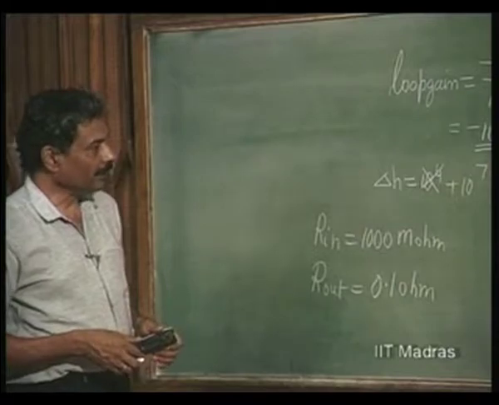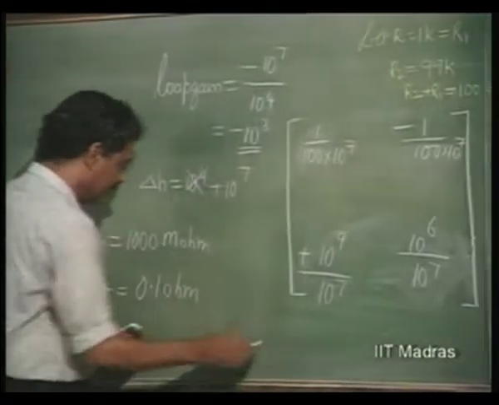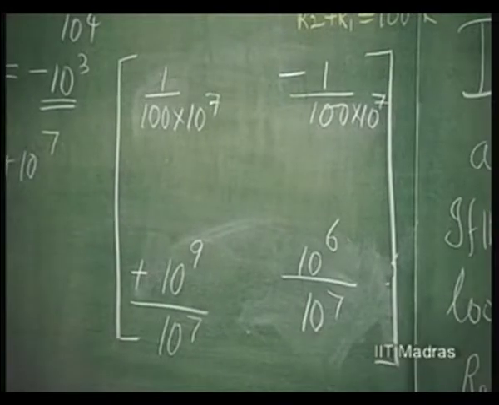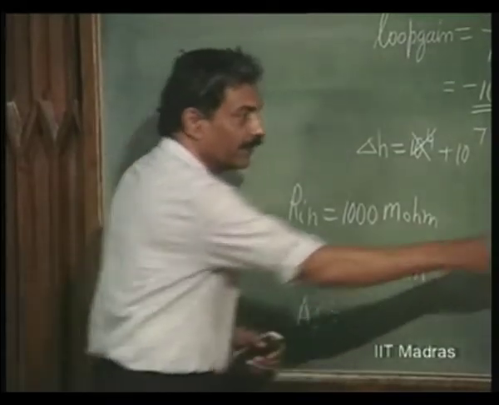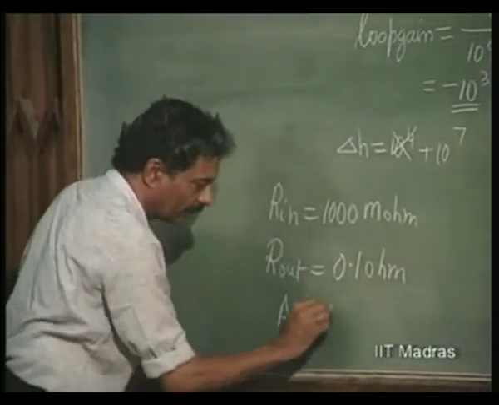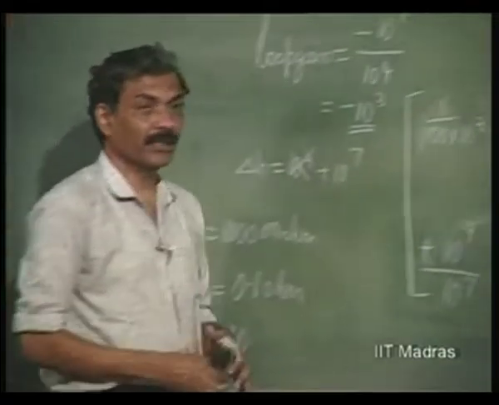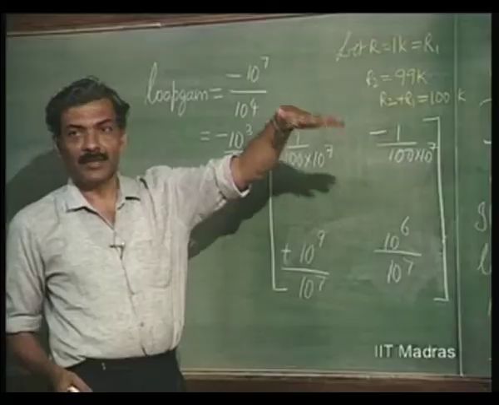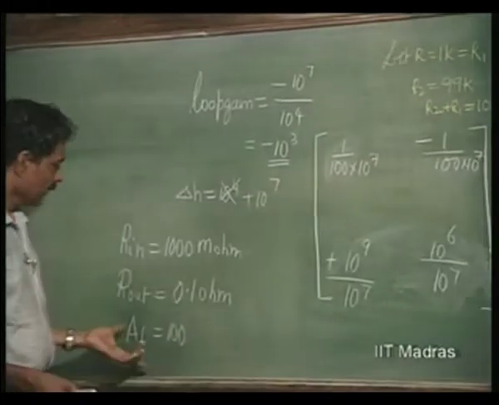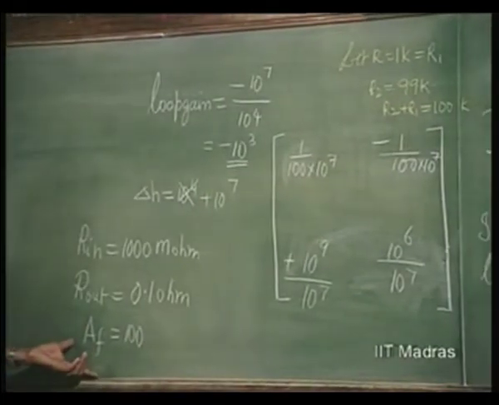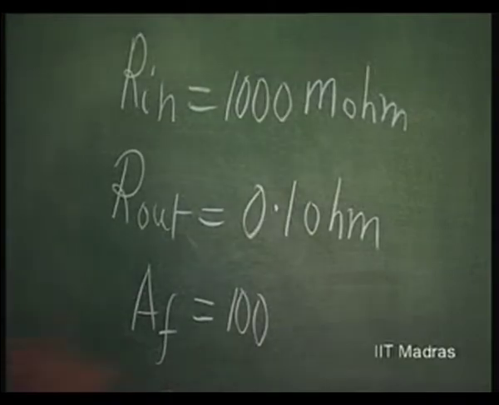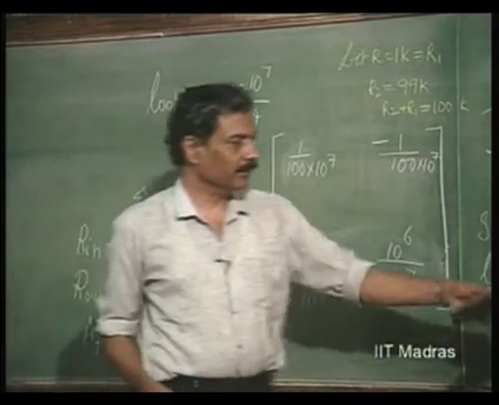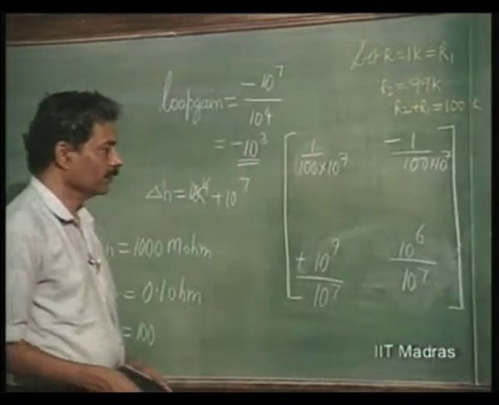So the gain, that is the important factor, voltage gain after feedback becomes very nearly equal to 100, which is originally the feedback factor was 1 over 100, and inverse of the feedback factor becomes the voltage gain. So this is the answer to this.